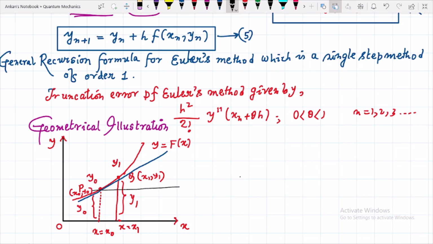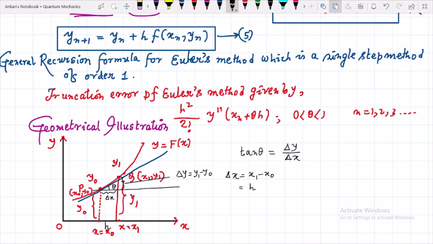Yes, and the angle made by the tangent with this x-axis gives the approximate slope of the curve, which can be given by tan theta, which is nothing but delta y by delta x. Delta y means y1 minus y0, and delta x means x1 minus x0, which is nothing but the step size h.